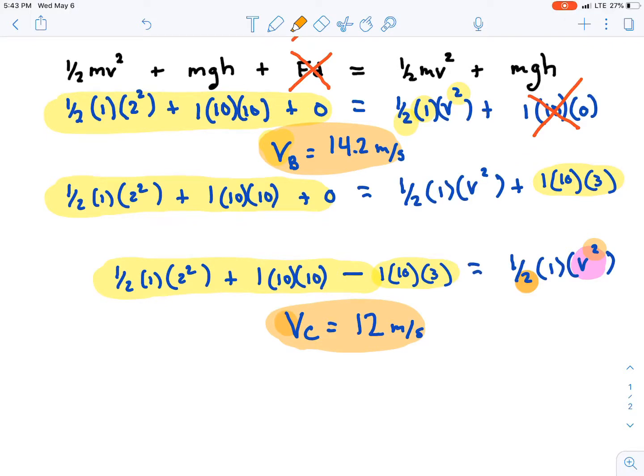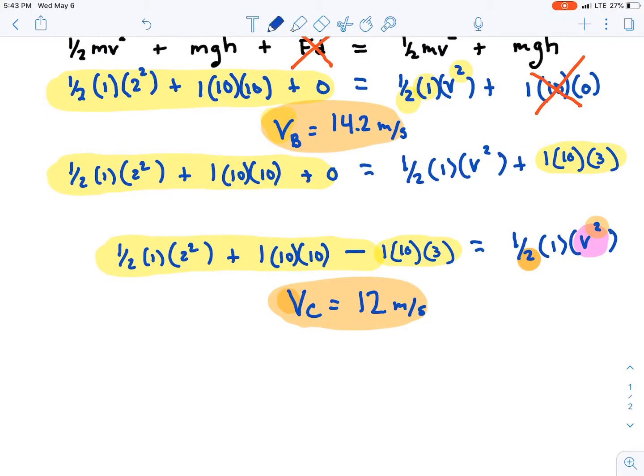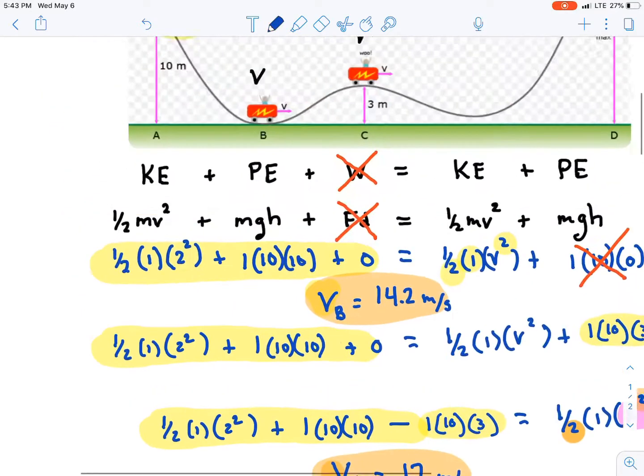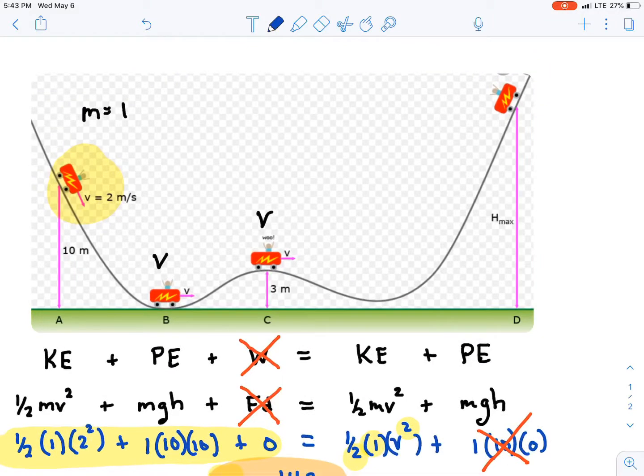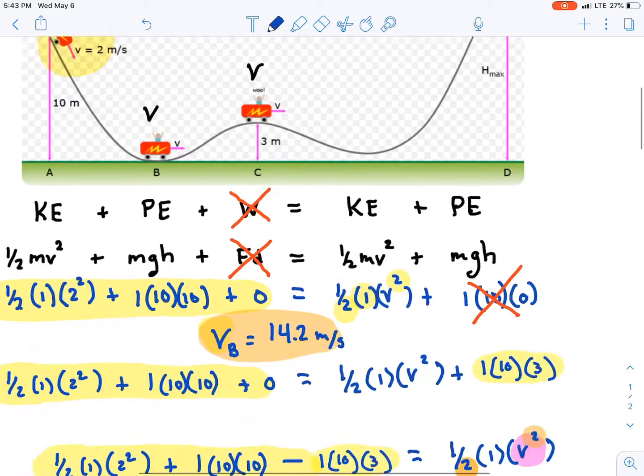All right, next one. Hey, guess what? That roller coaster still starts in the same spot. Let's look at the picture before I rewrite. But this time we're going to try to find the maximum height. So the maximum height is the point where the velocity equals 0. Capiche? Cool. Here we go.